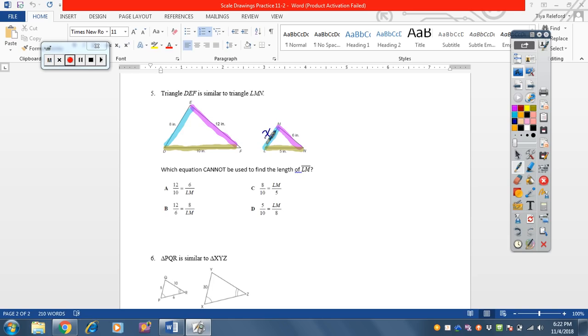LM is right here. This is LM. So set up your proportion. Start with LM and the side that matches it. Choose another number, any number, and the side that matches it.